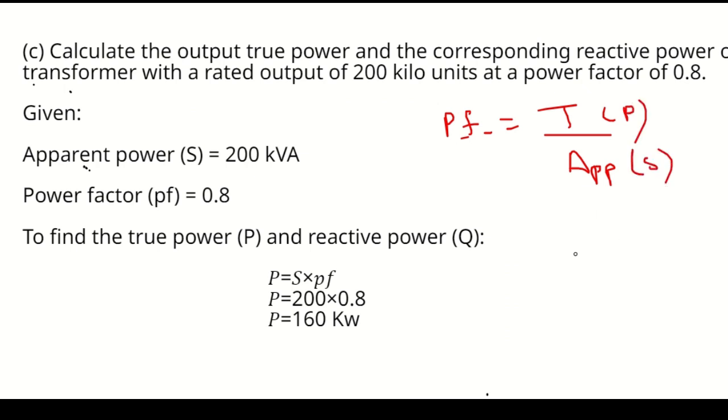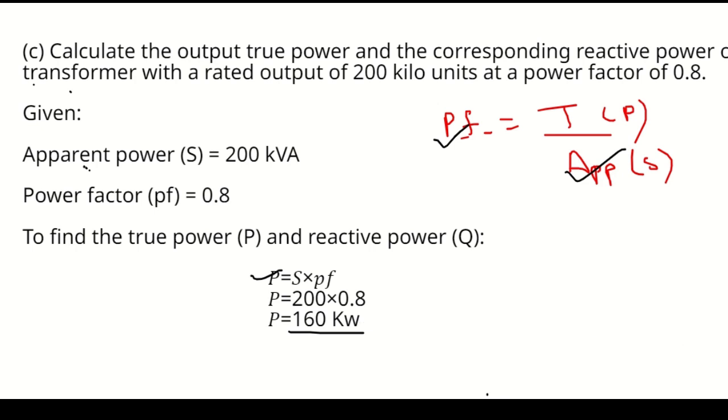In this case, we are given the power factor and the apparent power, so we need to find the true power. So we transpose: if you cross multiply, you have the power factor multiplied by the apparent power. And that's what we did here. S times the power factor, which is 200 multiplied by 0.8, gives us 160 kilowatts.